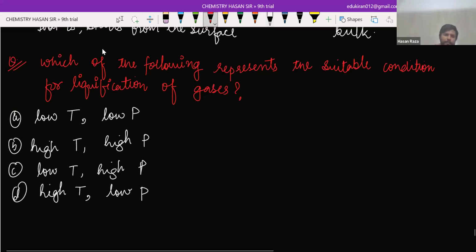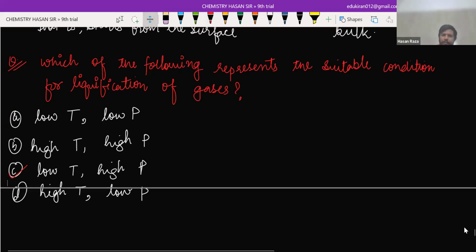Very good. Liquefaction of gases needs low temperature and high pressure.